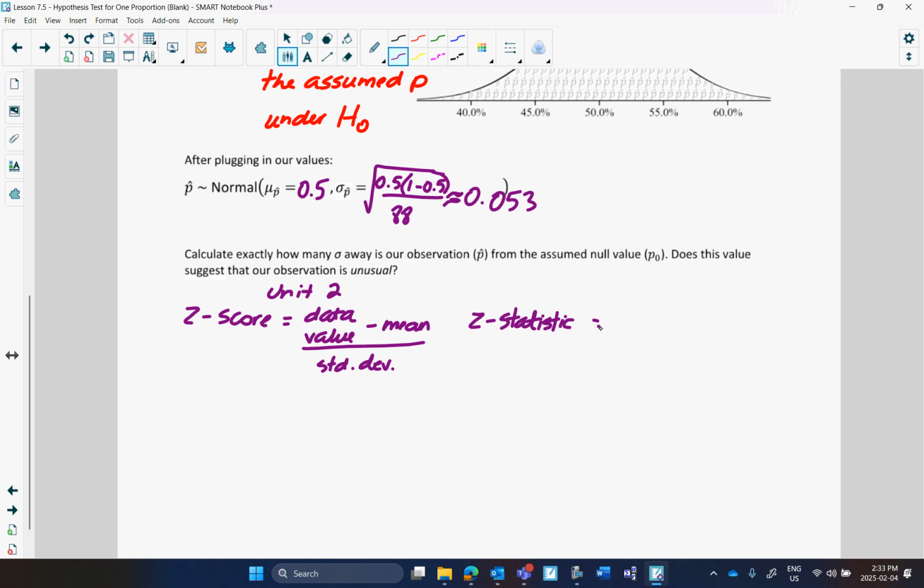And it's going to be the data value we got, the statistic, minus the mean, which is the proportion under the null hypothesis, okay? Which is the null value parameter. That's the mean, because we said that up here, right?